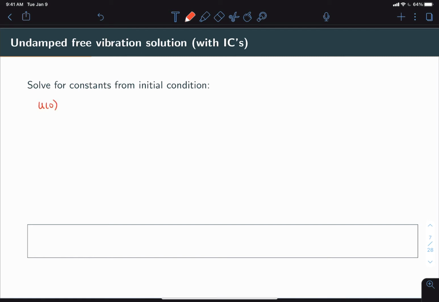So that means we essentially plug in t equal to 0 to our general solution. And we know that cosine of 0 is 1 and sine of 0 is 0. Therefore, the term c is simply equal to our initial displacement.